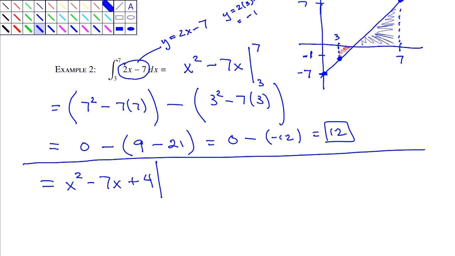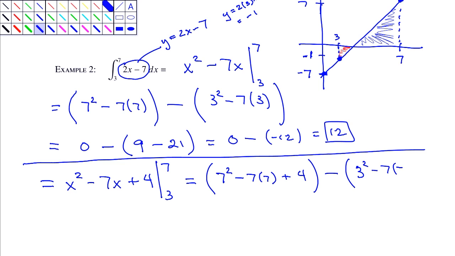What happens when you do the evaluation? You get 7 squared minus 7 times 7 plus 4, minus 3 squared minus 7 times 3 plus 4. The 4 minus the 4 cancels out. So you might as well use c equal to 0 because it's going to cancel out anyway. And you're left with the same answer.